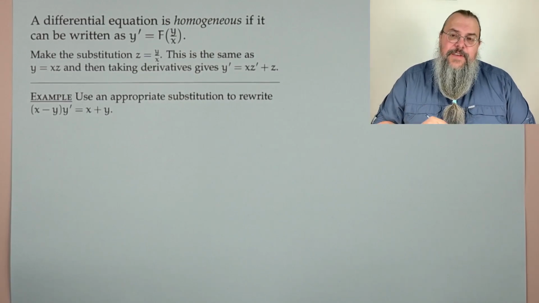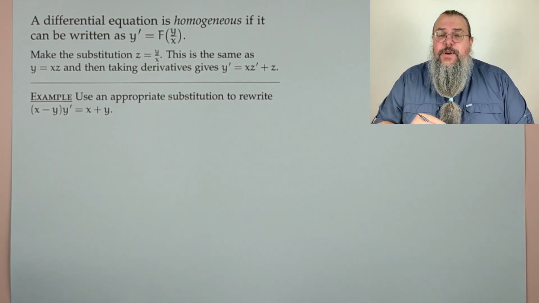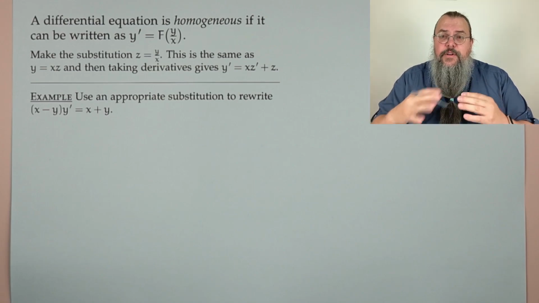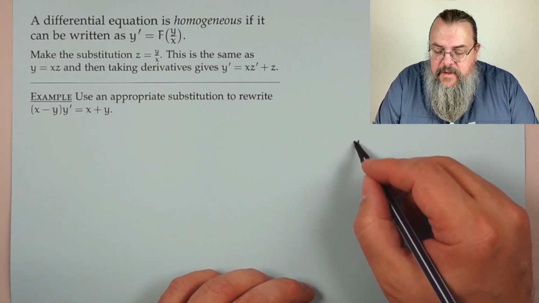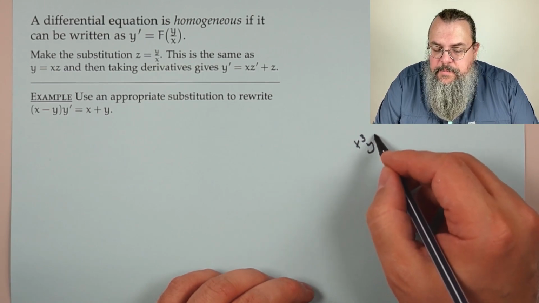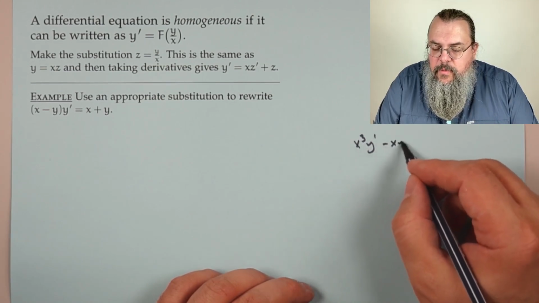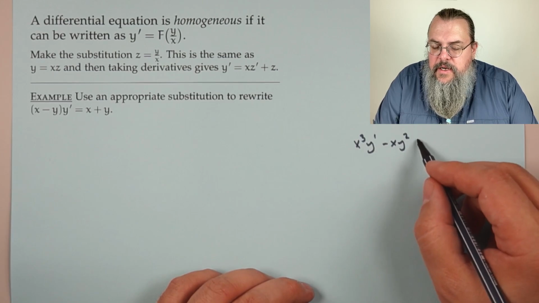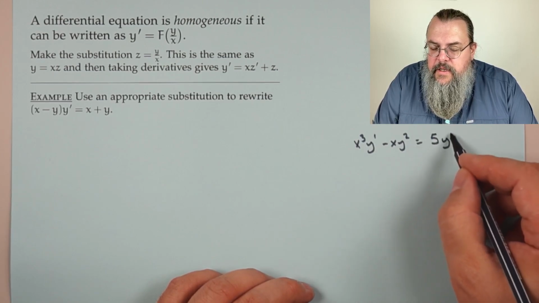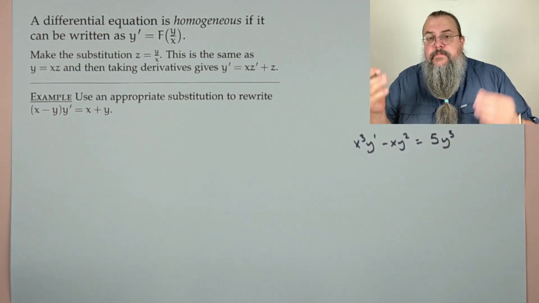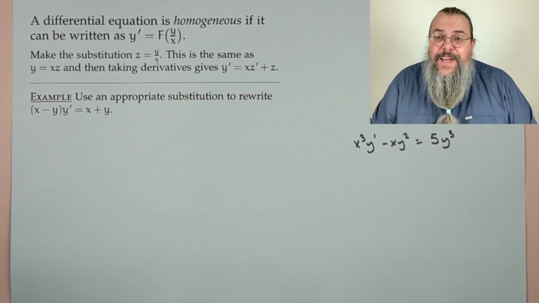And so if you encounter a differential equation where all the pieces are polynomial pieces, you might have something like, we can just make something up, x cubed y prime minus xy squared is equal to 5y cubed. Okay, let's suppose we have that.